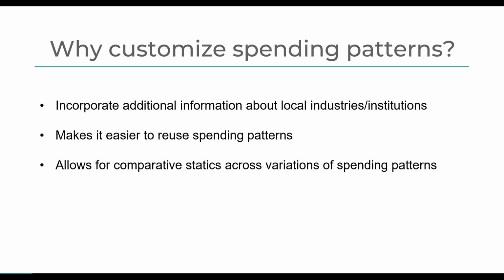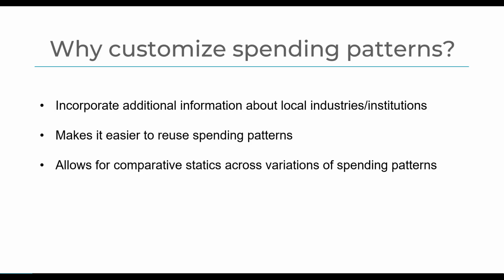And I can then use those different spending patterns to run variations on the analysis to see how variations in that local purchase percentage affect the overall impact or the overall contribution in the local economy. So you can do that with any of the spending pattern pieces as well, right?